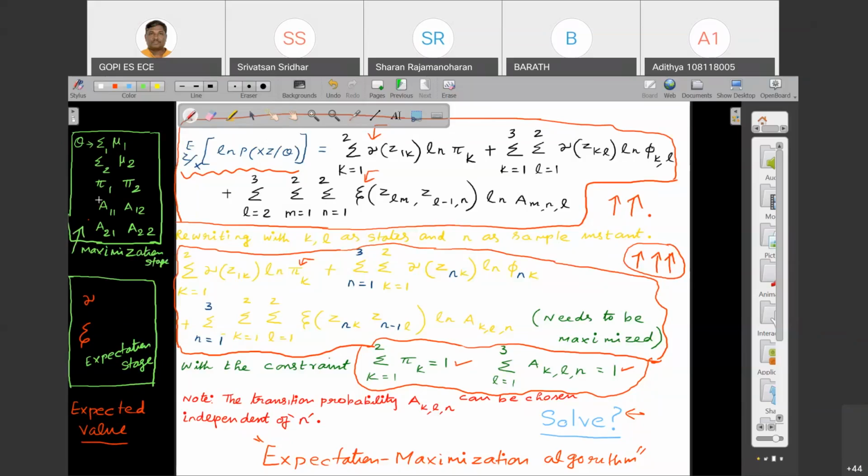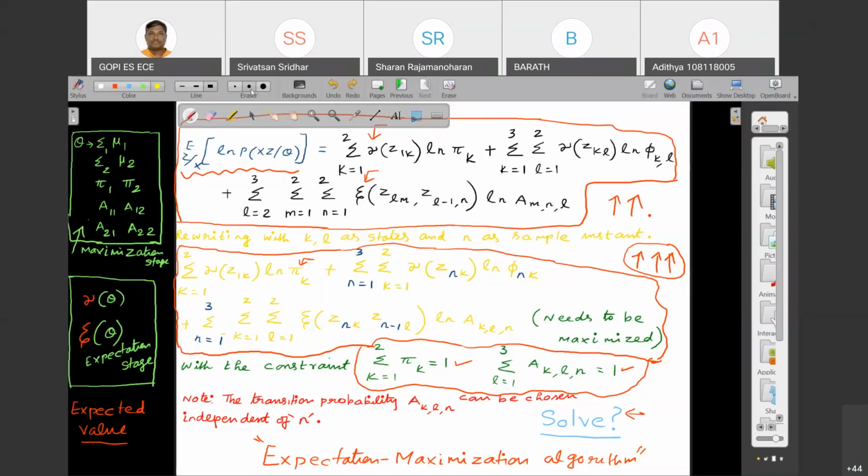So what I'm trying to say here is that they are related. We have this gamma and zeta in terms of theta, the unknown parameter, and theta in terms of gamma and zeta. So what you have to do is use this old theta.